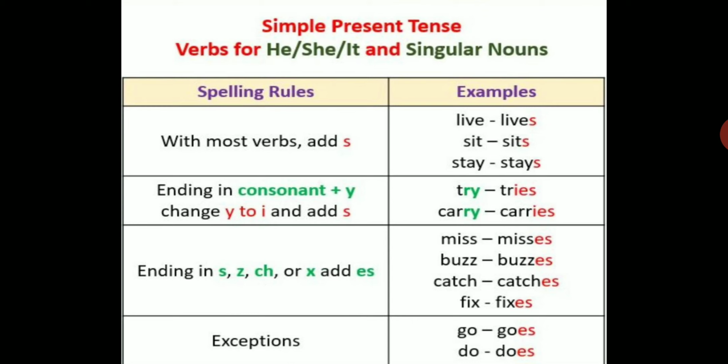The next rule is when the last letters are ch, sh, x, o, s, z, then we add es to them. Miss, misses, buzz, buzzes, catch, catches, fix, fixes, go, goes, do, does.